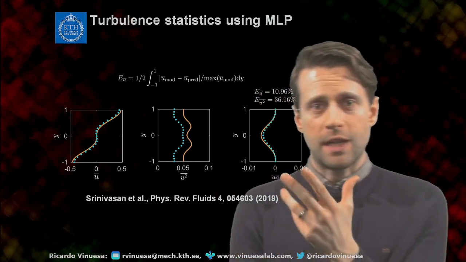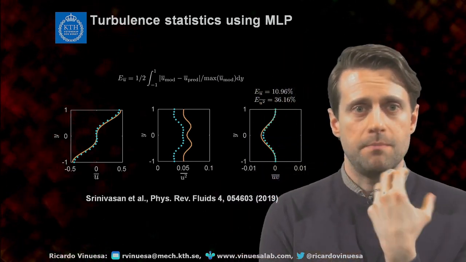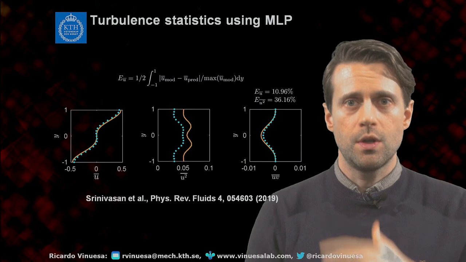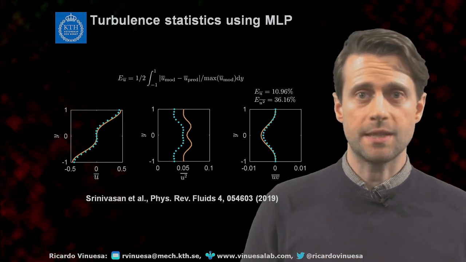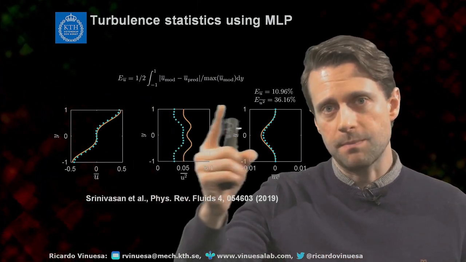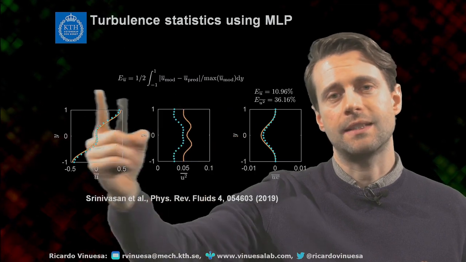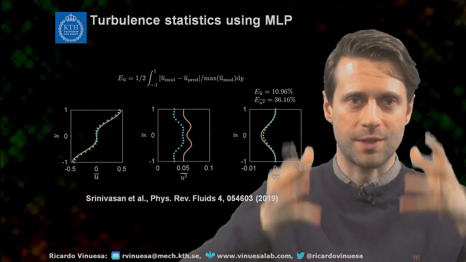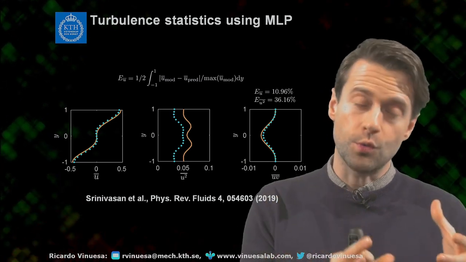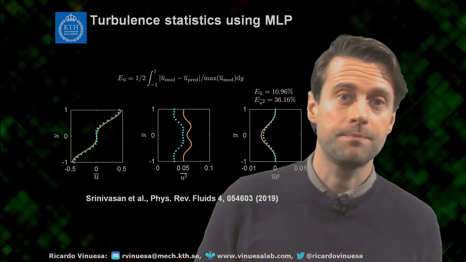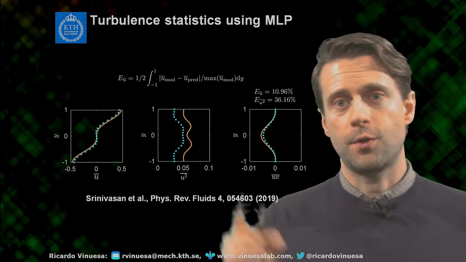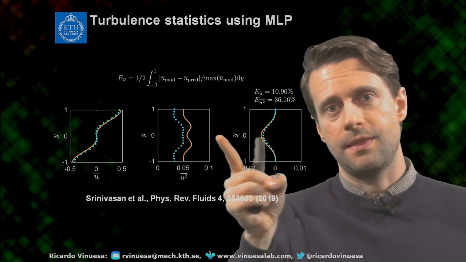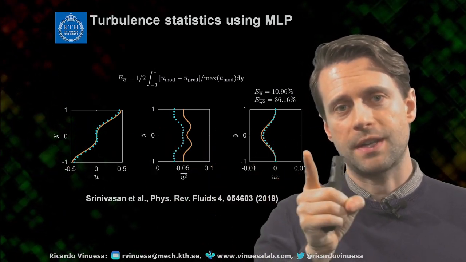Therefore, if we look at the statistics, the mean behavior of the flow, we can define a norm, basically an integrated relative error, that compares the true data and the predicted data for the statistical profiles. We evaluate this norm for the mean profile, the streamwise velocity fluctuations, and the Reynolds shear stress.